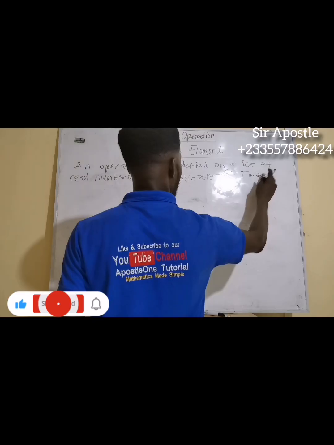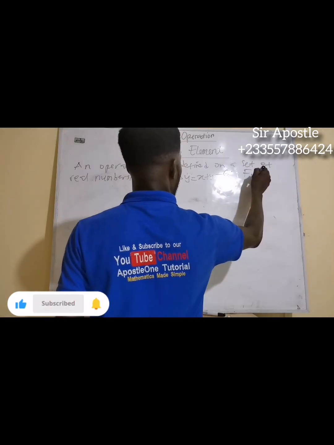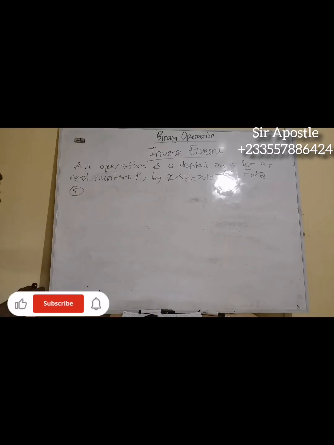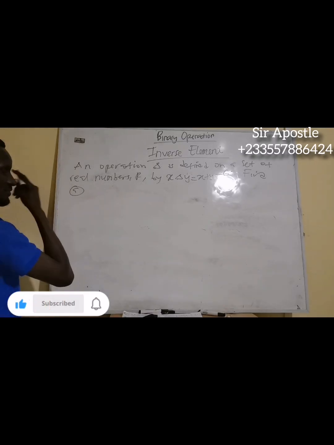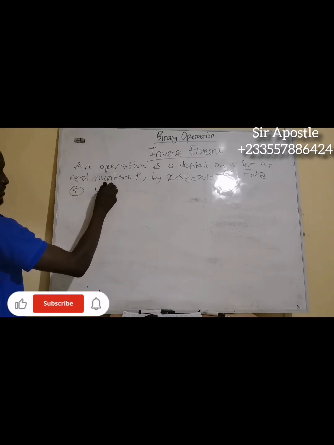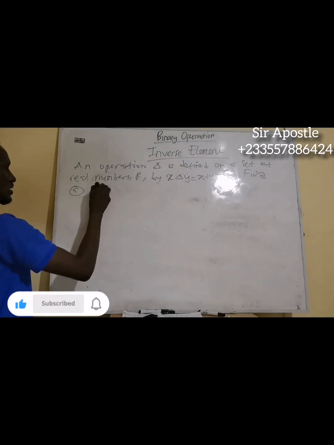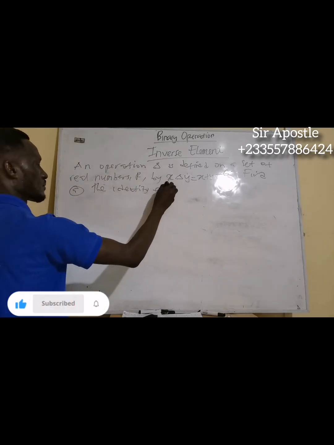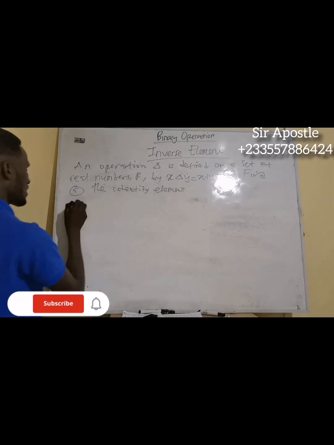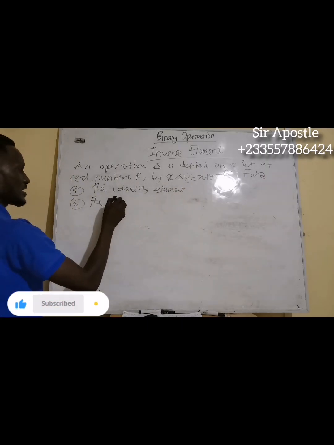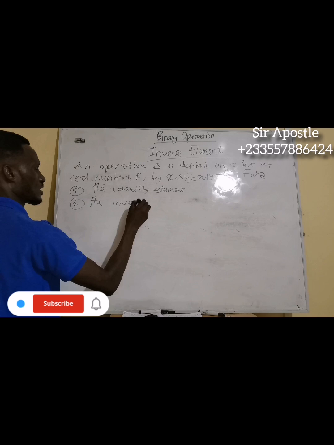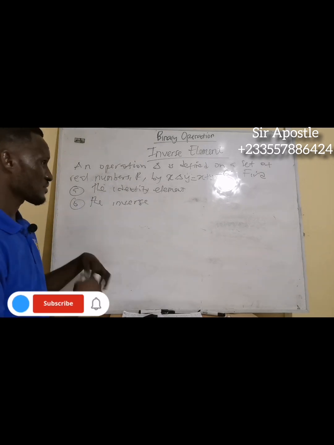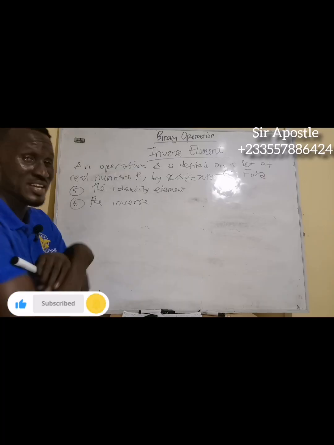A. Find the identity element. B. Find the inverse. Now when it comes to the inverse, there can be the inverse of something specific, either inverse of x or inverse of y or inverse of anything.